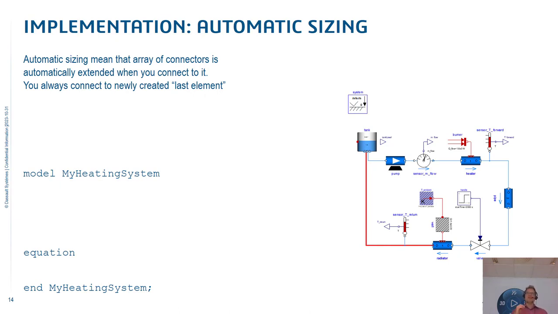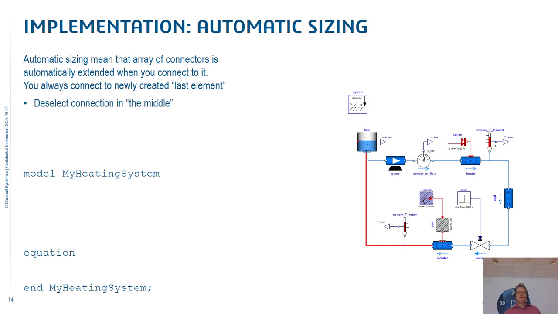The tank has an automatic sizing of its connector on the bottom. And that means that every time you connect to it, you add a new element of the array. So you connect to a separate element because you don't want to mix outside of the tank.